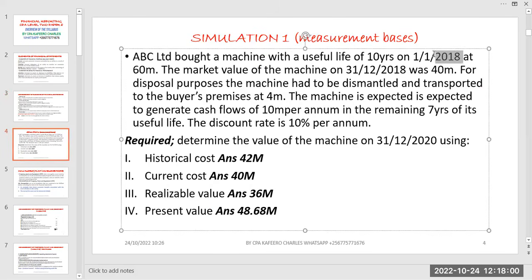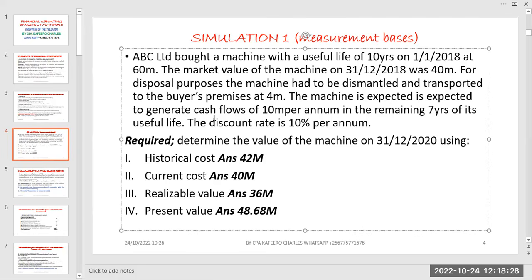What we have actually incurred at the time of acquiring, when the asset was acquired, we paid 60 million as our cost that we incurred at the acquisition.